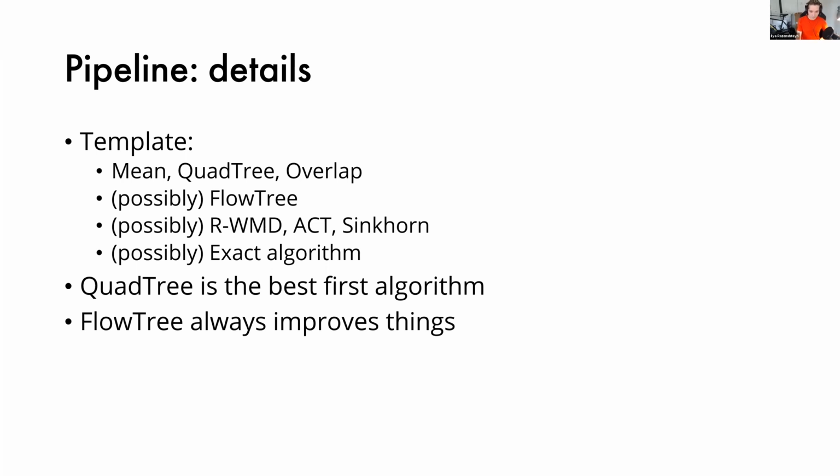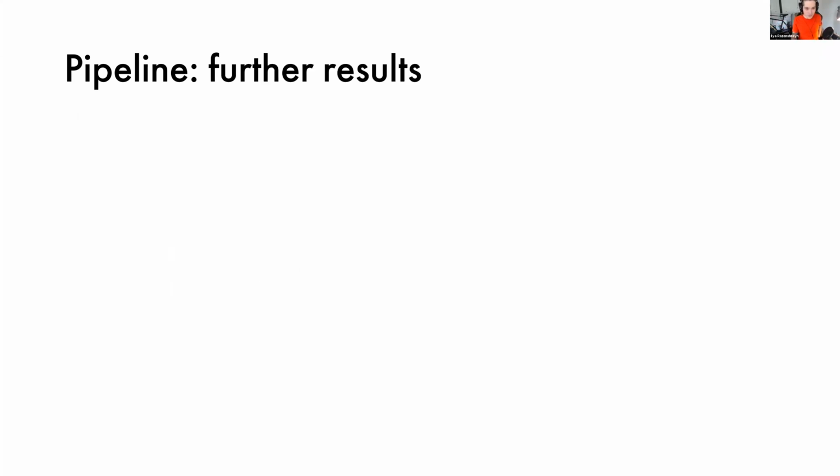Every pipeline you can try, add FlowTree to it and it will be better. And I think the same will hold for extremely large data sets where just FlowTree would not necessarily be as great. And the exact algorithm is not always necessary, because if previous algorithms already did a good job and narrowed it down to 5 points, we don't really insist on running the exact algorithm that much.